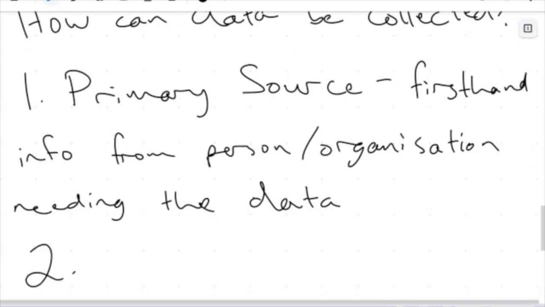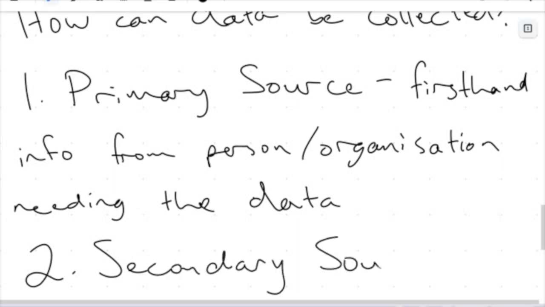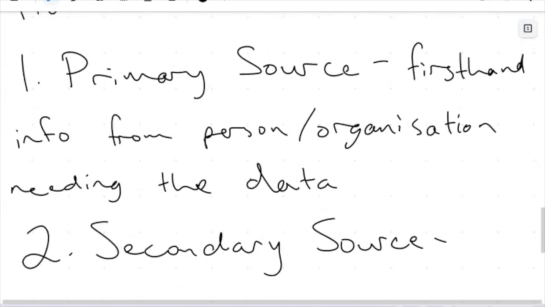Now, the second type is called a secondary source. The data has still been collected, but it has been published or summarized by someone else before we use it. Also, sorry, I should put here examples. For example, the census or anything from the Australian Bureau of Statistics, the country where I'm from.